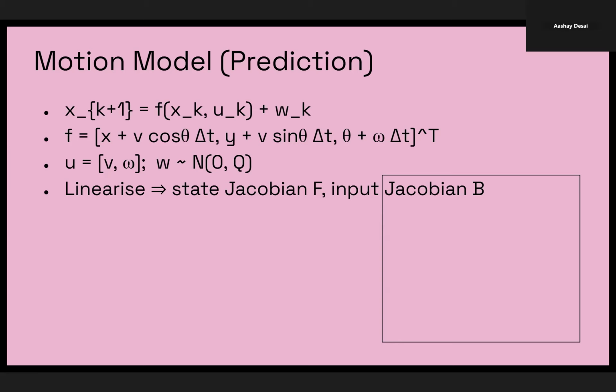The state Jacobian F captures how small errors in position propagate, and the input Jacobian B injects control noise. We assume Gaussian process noise with 5 centimeter per second translation variance and 1/200th of a radian rotational variance. That finishes the predict half of the EKF.